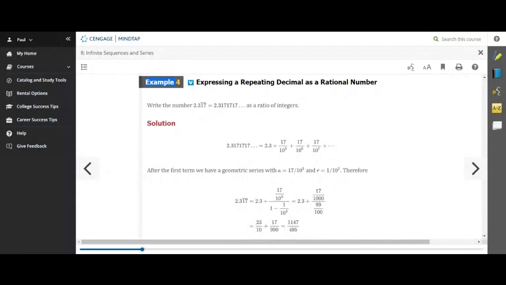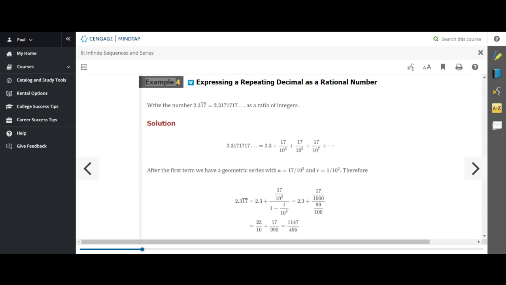Okay, how many of you knew that you could express a repeating decimal as a rational number? What's a good example of that? That's right, Renaud. 1/3 is 0.33333333. That's an easy one, right? But what if you had something like 2.317171717, where the 17 is repeating?